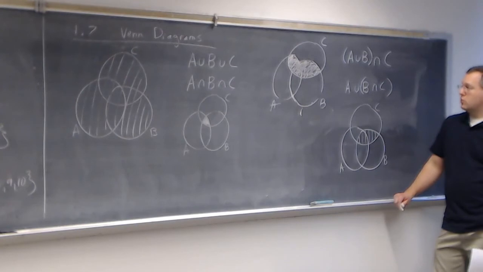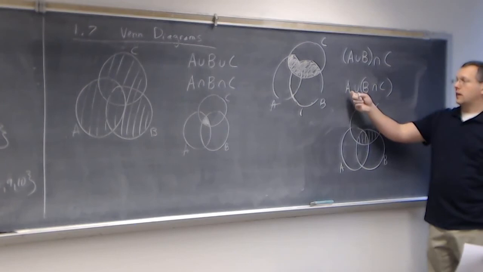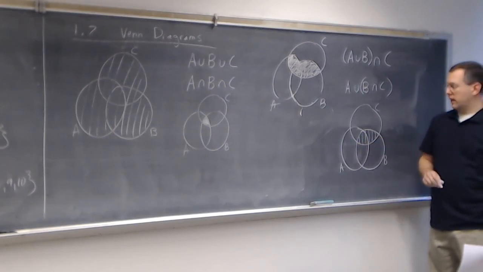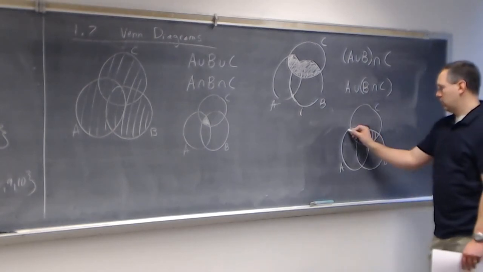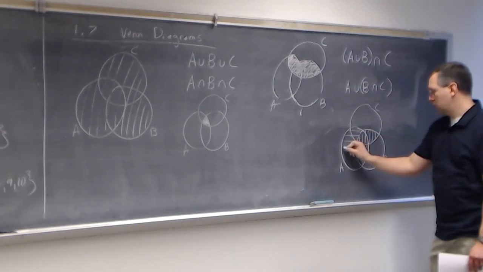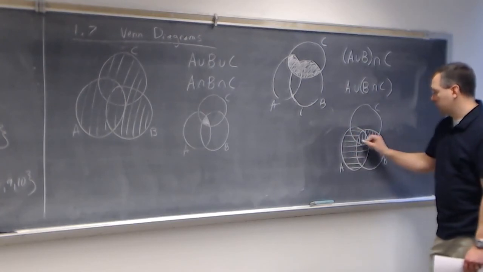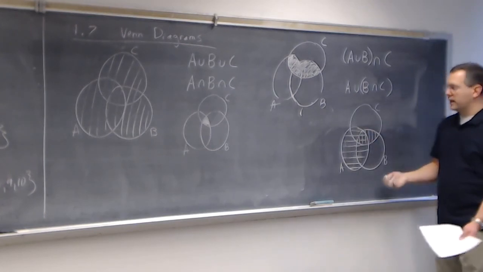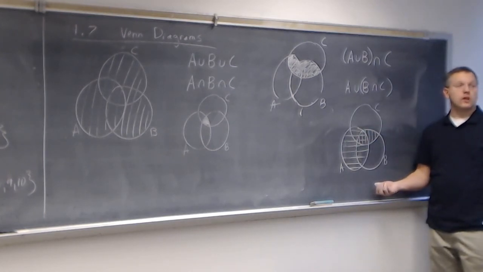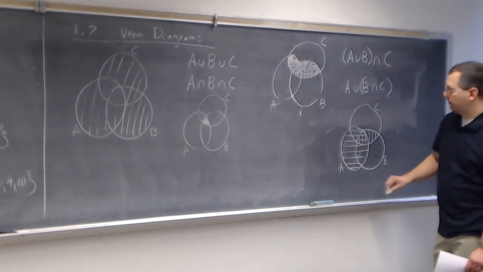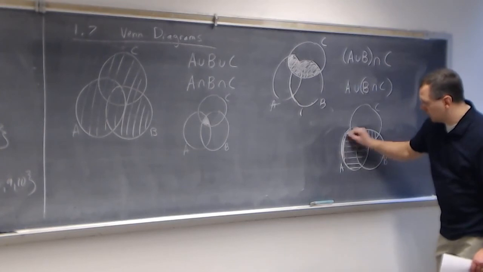Now union A. So any element in this set is in A or it's in this set. So what do I need to add? All of that. Yeah. So add. Okay. So anything that got shaded at least once is in this set. Okay. So let's play.